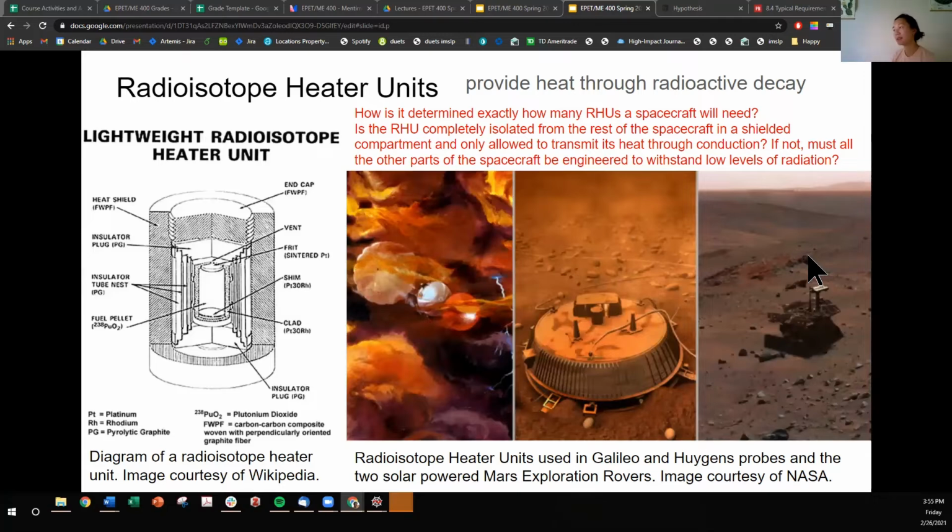Typically, regardless of the technology, we do a thermal analysis to see if the spacecraft as a whole, and in spots at different components, runs hot or cold. In this case, since we're looking at a heater, we're looking at spots where the spacecraft is running cold.